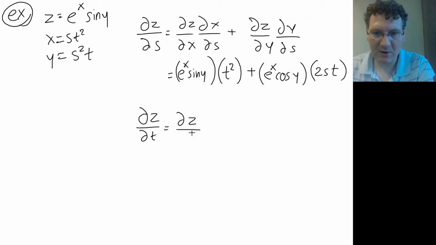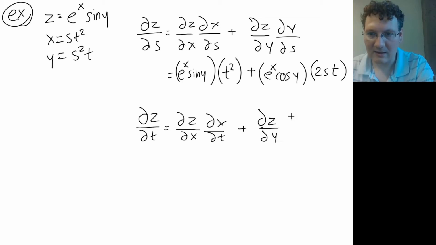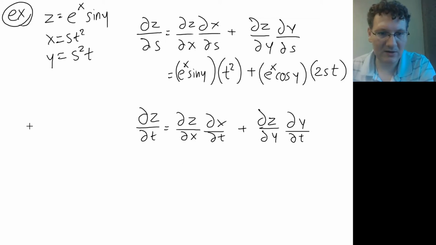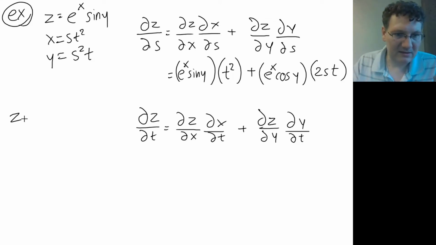So again, the formula: partial z with respect to x times partial x with respect to t plus the partial z with respect to y times partial of y with respect to t. Incidentally, if you wanted to, you could write z_t equals z_x x_t plus z_y y_t.